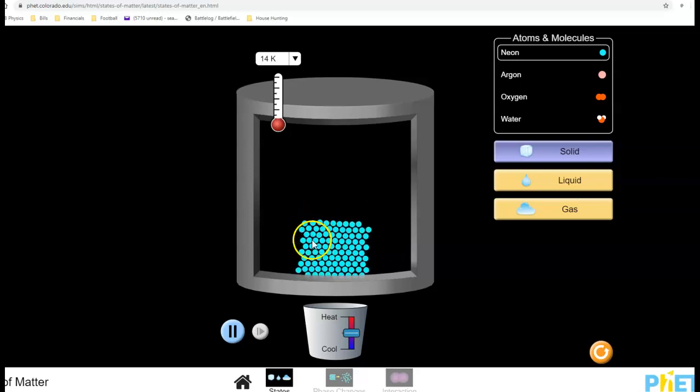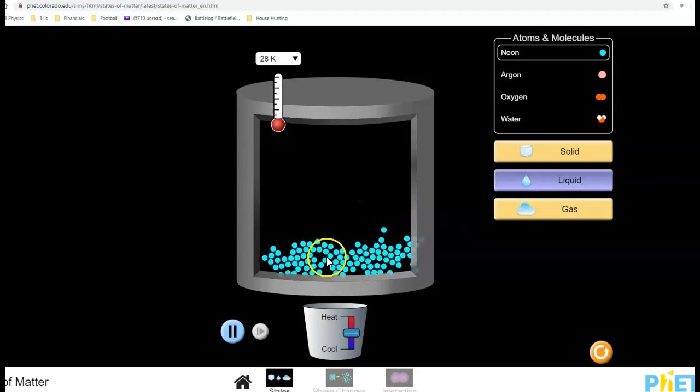They're moving, right? They're kind of vibrating, jiggling in place, if you will. And so I would say from the last unit we learned about things like kinetic energy, where kinetic energy is energy of motion. And so I would say these atoms have some kinetic energy because they are in fact in motion.